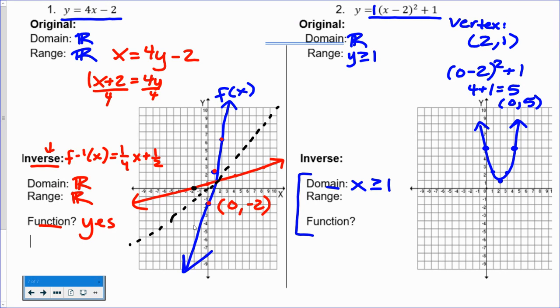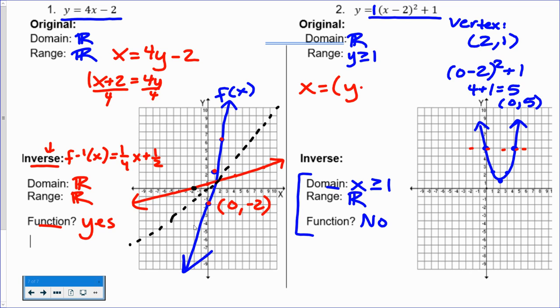My range would be all real numbers, and this would not be a function because it would not pass the horizontal line test on the original parabola. My parabola is a function, but this is going to be a parabola on its side when we graph the inverse. Okay, so let's take a look at what that inverse function would be.